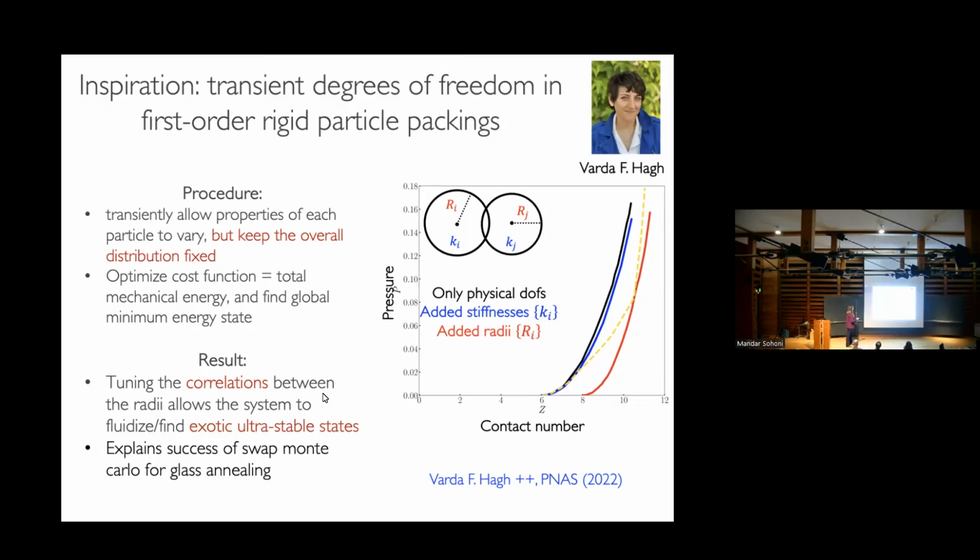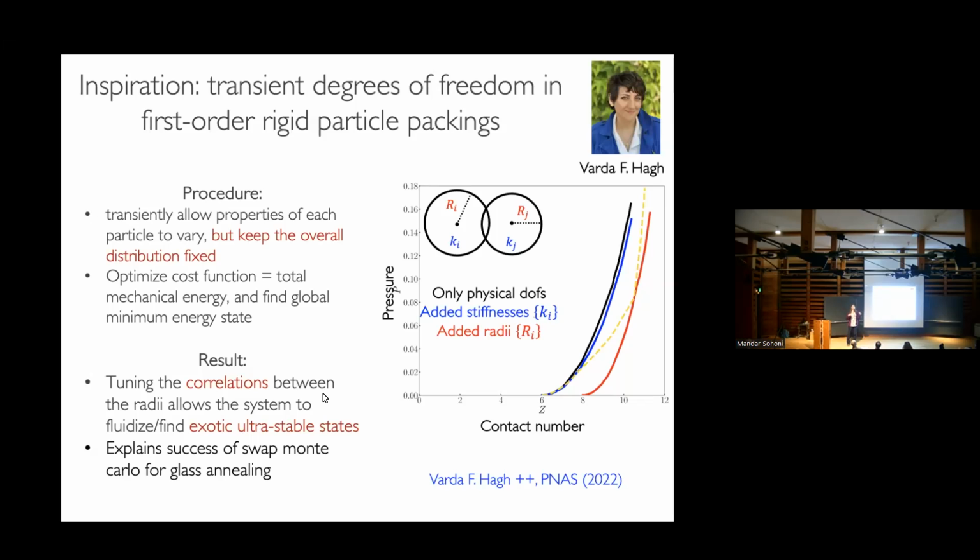There's this work spearheaded by Varda Hagh, where we looked at particle packings. Most of the time when you do particle packings, you have particles that have a given radius, and then you study the mechanics of the degrees of freedom, right? Now we promote these radii to be tunable variables. Okay, and so there are new degrees of freedom in the problem.